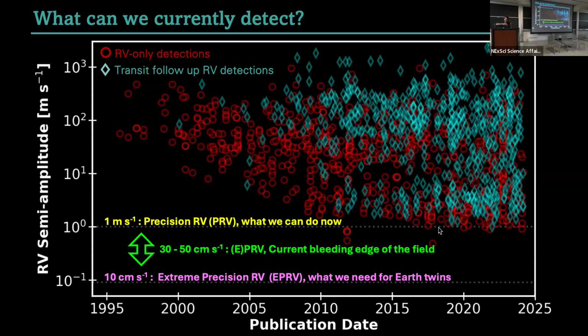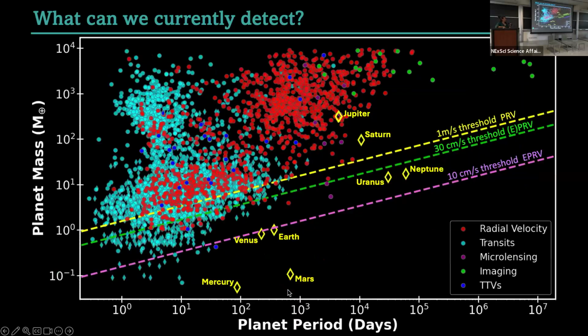So we're working our way down, but it has not been a single leap. Maybe unsurprisingly, there are a lot of little steps that are taking place as we go from the yellow to the purple. If we put those detection thresholds on top of all of the planets that have been confirmed, you can see that they form these nice diagonal lines as a function of orbital period and planet mass.